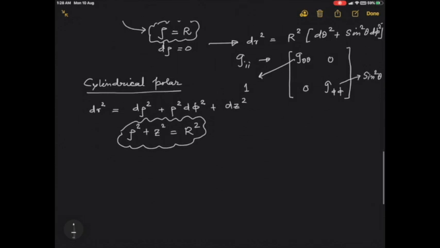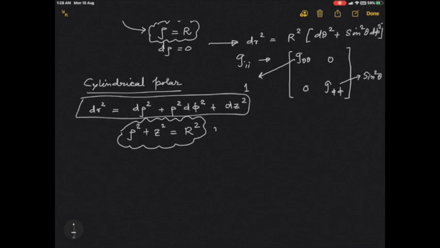And now what you have to do is eliminate z using this. I'll leave it to you to do it, but you will obviously get dr squared in terms of only two coordinates, but it will be a lot more complex. Or let us do it.